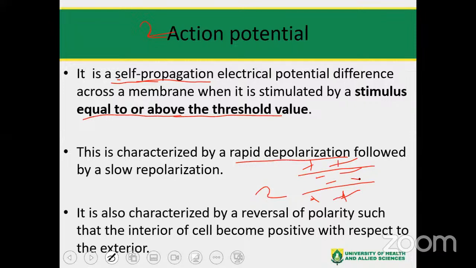So in action potential, the interior with respect to the exterior of the cell.